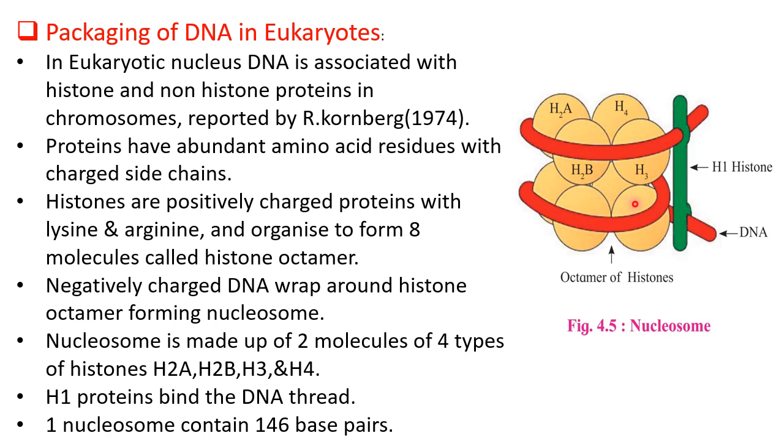So this structure is called histone octamer. And then the negatively charged double helix DNA wraps around the positively charged histone octamer. Here we see the wrapping of DNA, and DNA is negatively charged and proteins are positively charged. So they get attracted and they bind with each other.